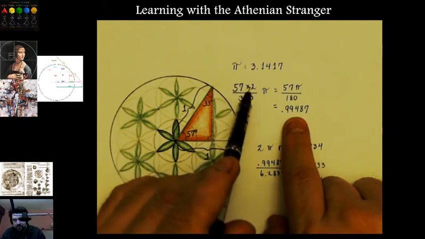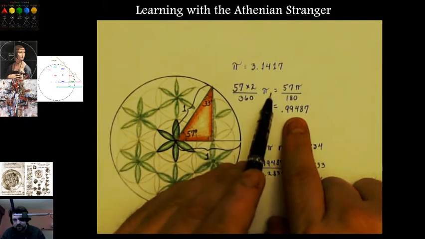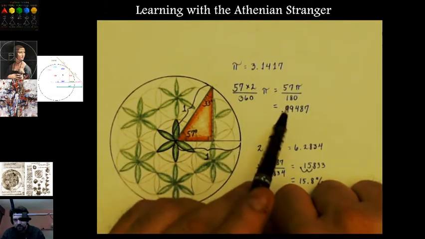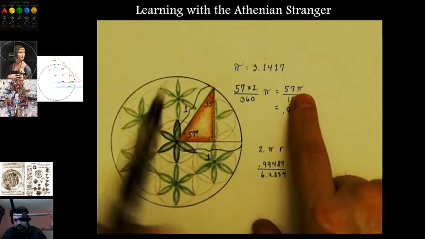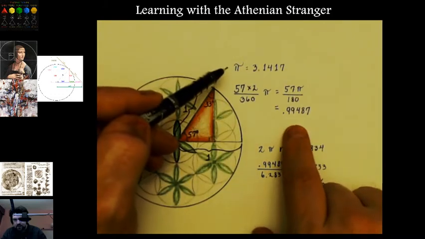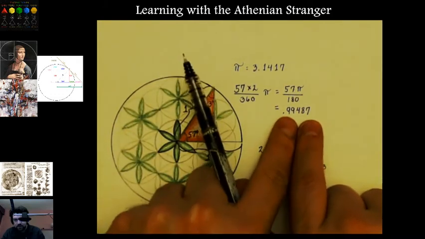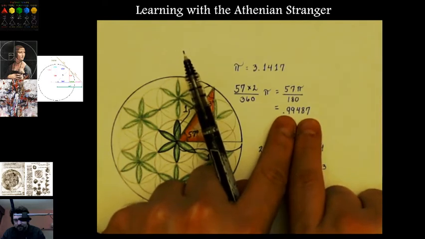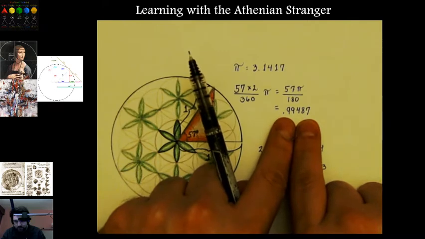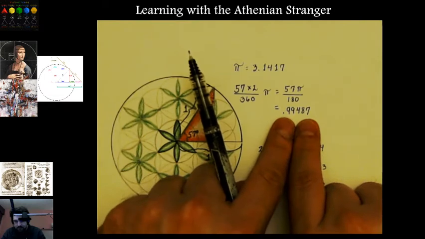I did 57 times 2 over 360 times pi and came up with 57 pi over 180. And then I multiplied out the number pi using my decimal approximation, and I came up with this number. For a unit circle of radius 1, that is the radian measurement of the portion of the circumference inscribed by the arc of 57 degrees.